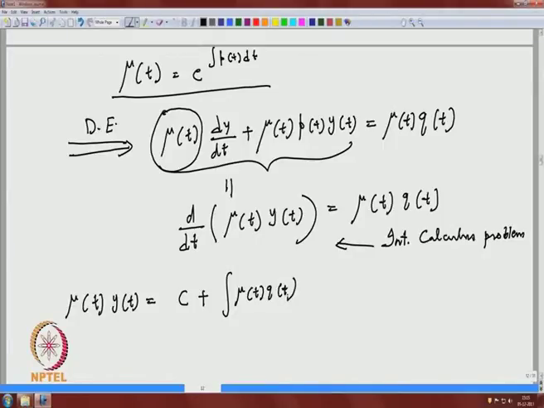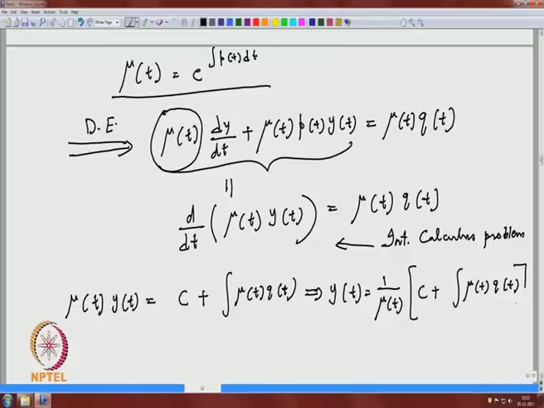So, you see, and then mu t is an exponential thing and mu t is greater than 0, it can never vanish. So, that implies your y t is equal to 1 over mu t, some constant plus integral of mu t q t. Am I right? Yeah, that is the formula.